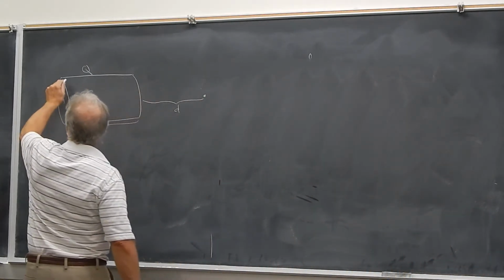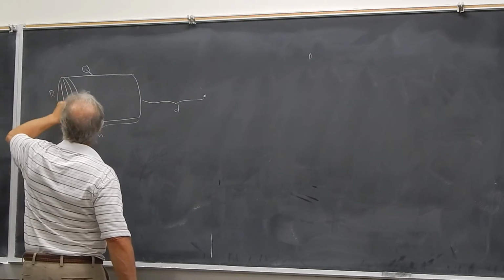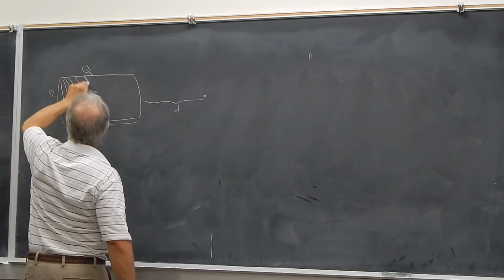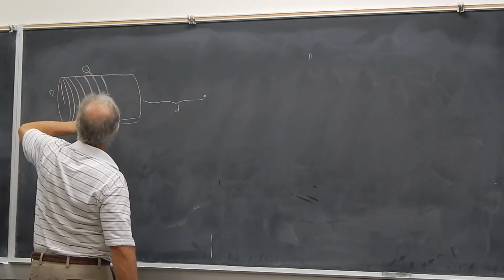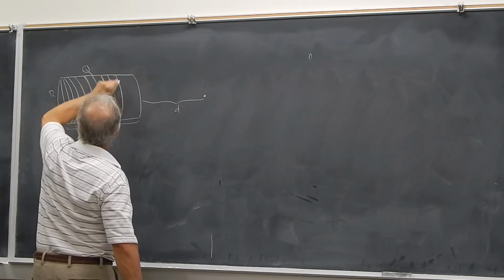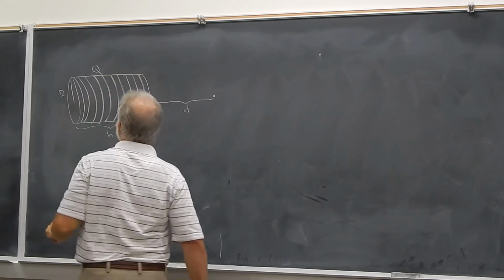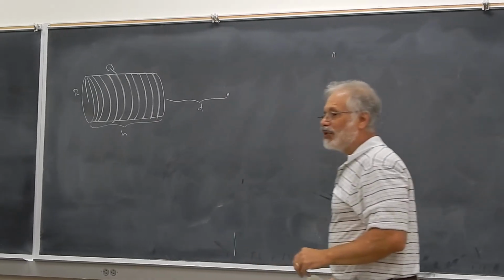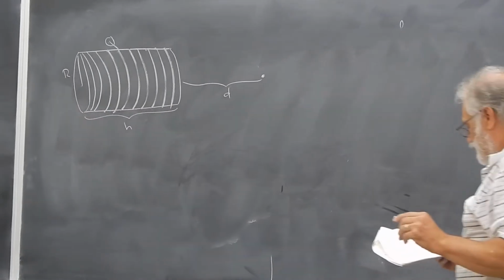Again, what I can do is break my cylinder into a series of charged rings. Now, we already know the value of the electric potential along the axial point for a charged ring.